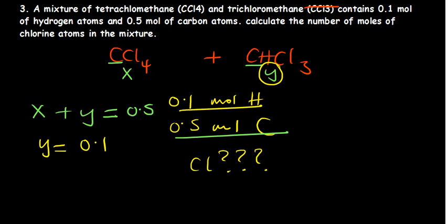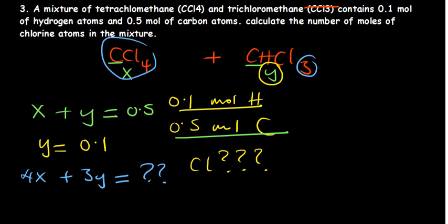That tells us that all the moles of hydrogen we have in the mixture are coming from trichloromethane, because that's the only part where hydrogen is present. Now for chlorine, in the first one we have 4, so we take it to be 4x. And in the other one we've got 3, so we take it to be 3y. So this is going to give us an answer.